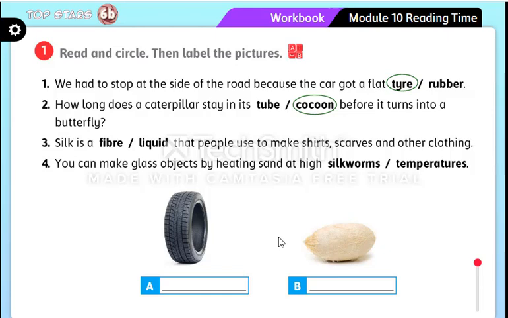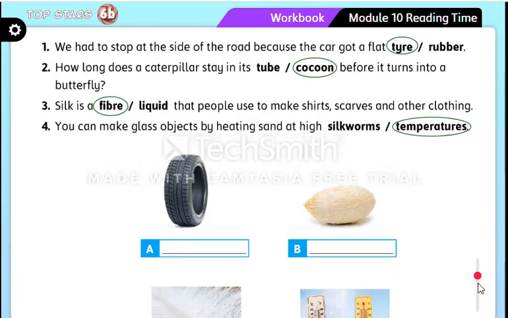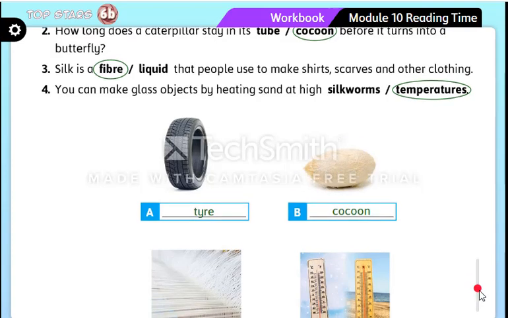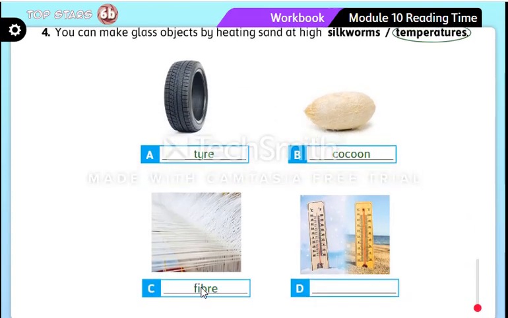Good. Silk is a fiber or liquid that people use to make shirts, scarves, and other clothing. Sure, it's fiber. Very good. You can make glass objects by heating sand at high temperatures. Good. Now, let's label the words tire, cocoon, fiber, temperatures.